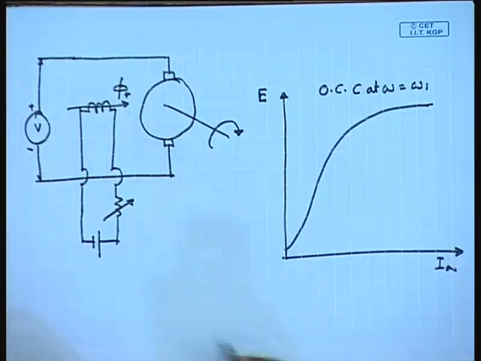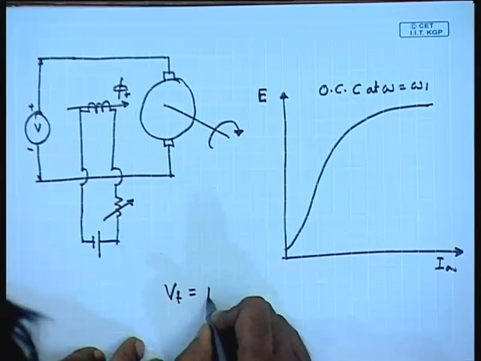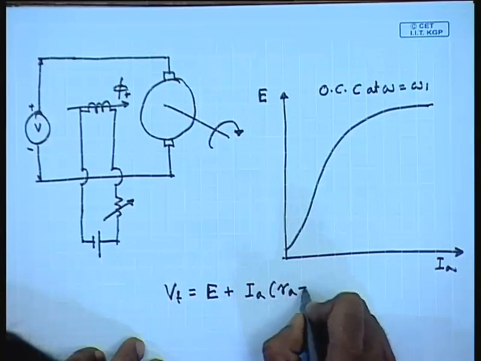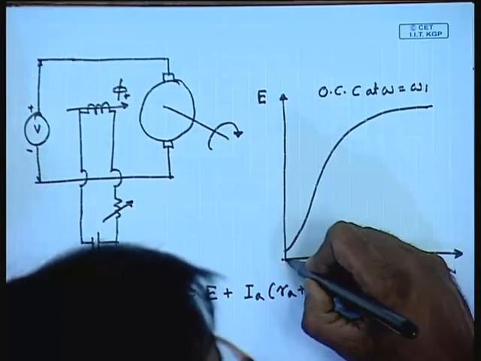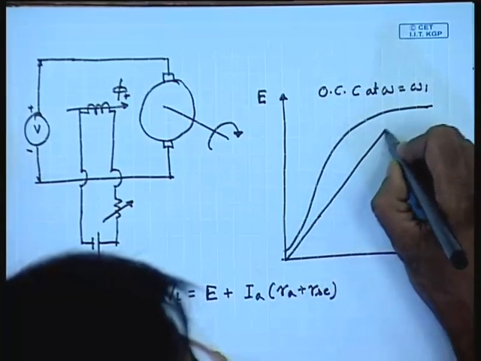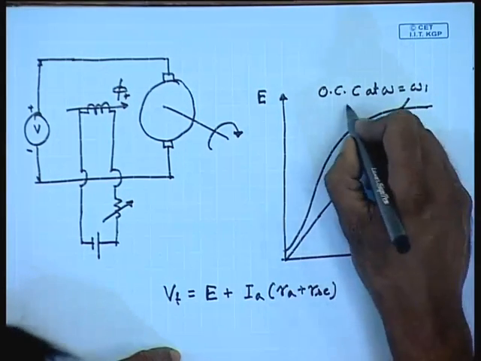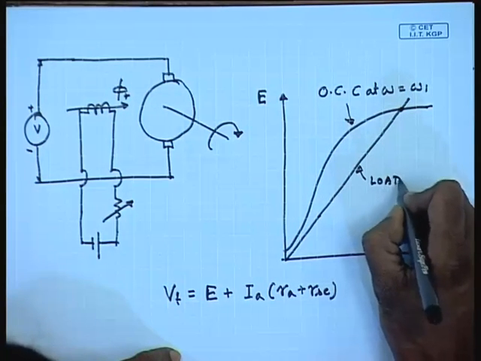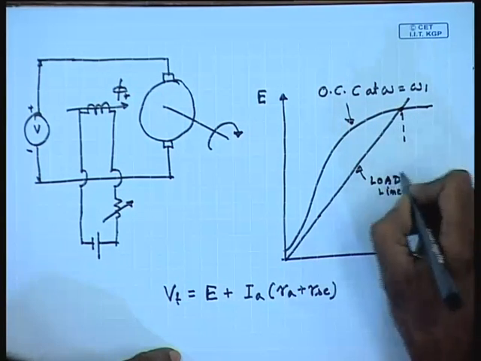The other equation, the so-called load line, is given by Vt equal to E plus Ia into (Ra plus RAC), which is again a straight line. At the operating point, both the OCC and the load line equation must be satisfied. So, this will be the operating point.